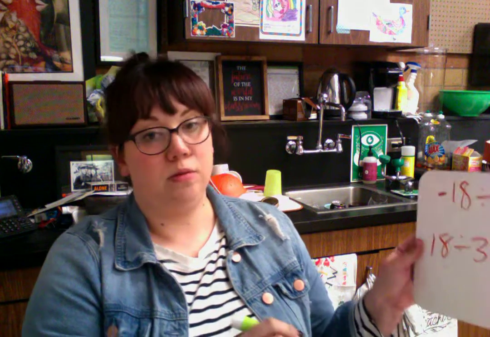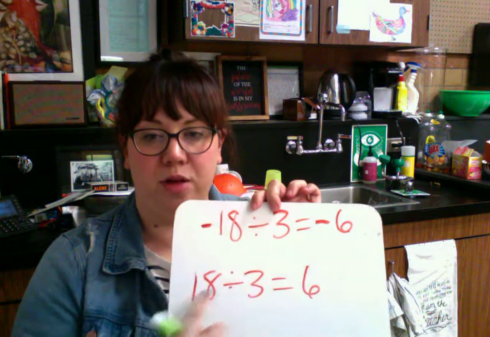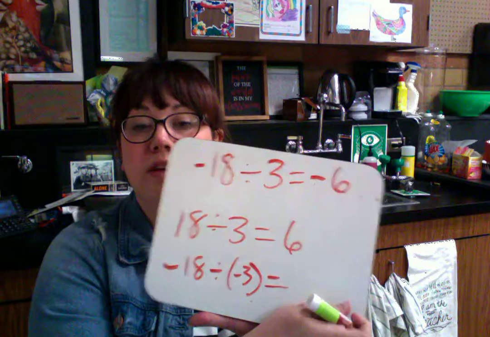If I have 18 divided by 3, I get positive 6, and you can see that my signs are the same, positive and positive, so the answer is positive. And if I have negative 18 divided by negative 3, the signs are the same, so it's going to be positive 6 again. A negative divided by a negative is a positive.